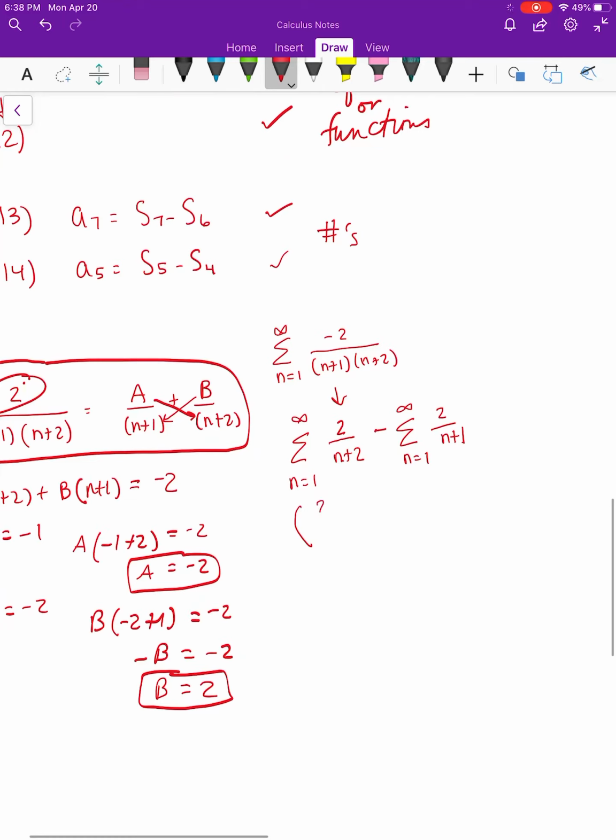Because we've basically proved that these two things are equal to one another, I'm able to say this is equal to this.